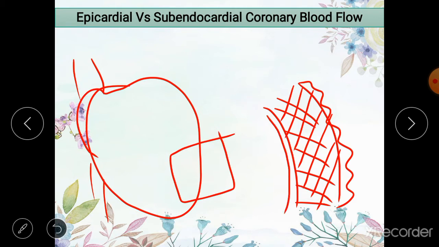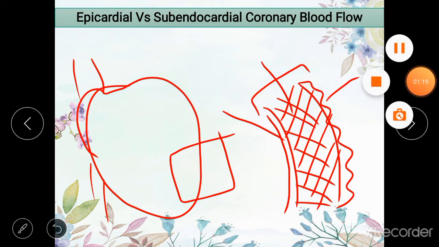So the ventricular wall is made up of three layers: the epicardium, which is the outermost layer, then the myocardium, which is the muscular layer, and then the endocardium.